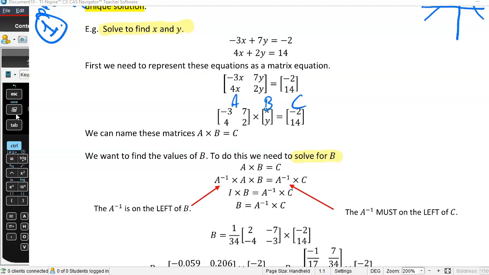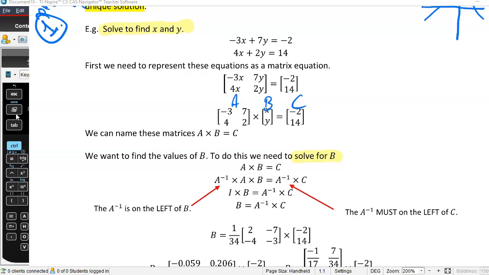Now, here I'm timesing the inverse of A to the left. You can see it's on the left here. Because A is on the left of B, I've got to put the inverse of A on the left.